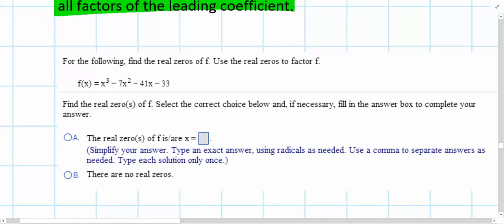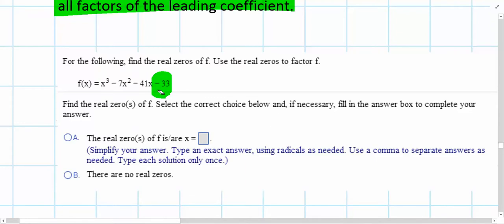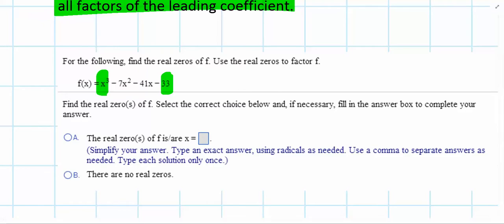The constant value, or the number without an x associated with it, is the number 33. Now, we could use a negative 33 if we'd like. We could call it just a positive 33. It won't make a bit of difference when we use the rational roots theorem. Now, the leading coefficient is the number in front of x cubed, and in this case, that's equal to 1.